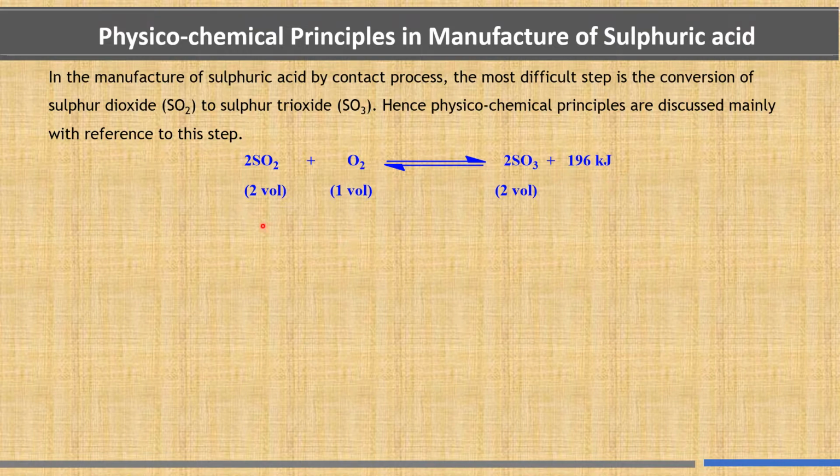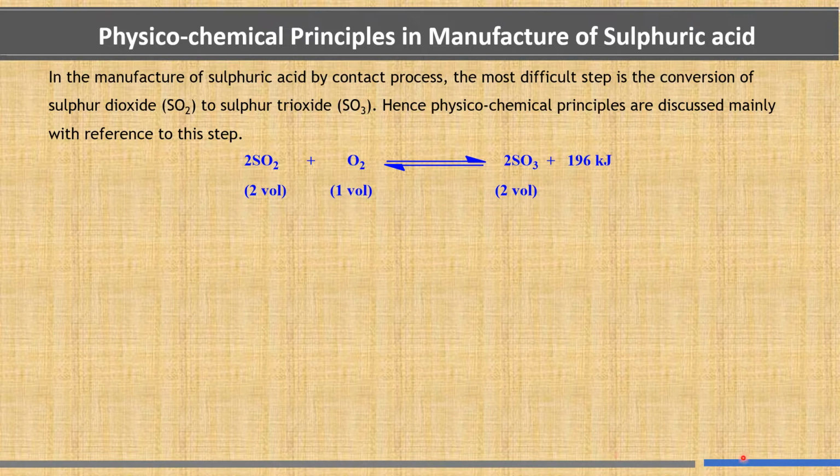That means 2 volumes of SO2 gas react with 1 volume of oxygen to produce 2 volumes of SO3 gas. The reaction is a reversible reaction. If we consider the total of reactant volumes, that is 3 volumes, this is giving rise to 2 volumes.